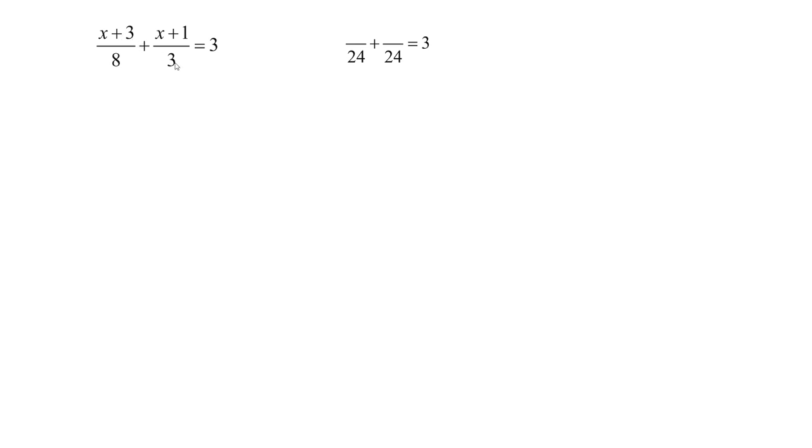What did we have to do to this denominator 3 to make it a 24? We had to multiply it by 8. So we'll do that to the top. And we're given something that looks like this: 3(x + 3) over 24 plus 8(x + 1) over 24 equals 3.